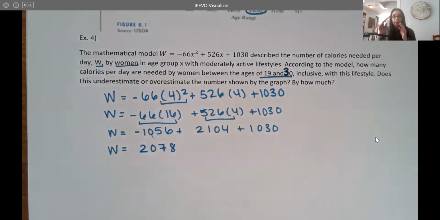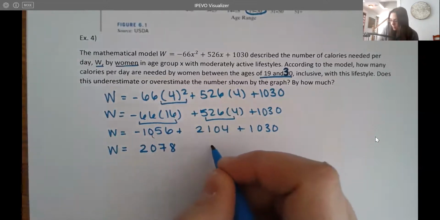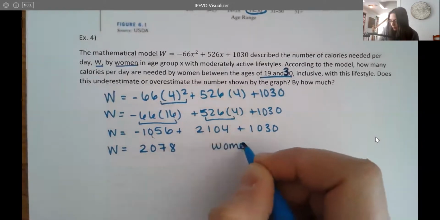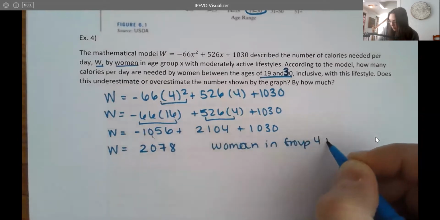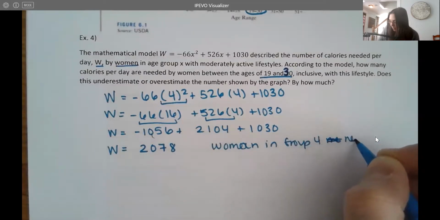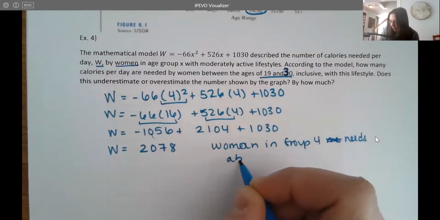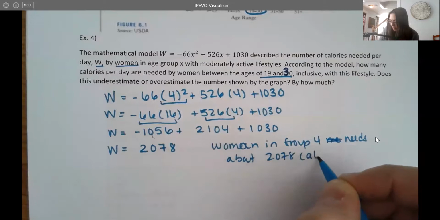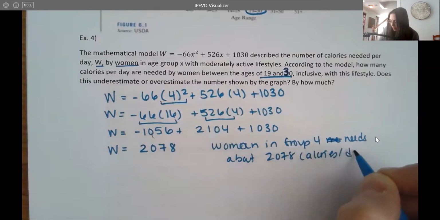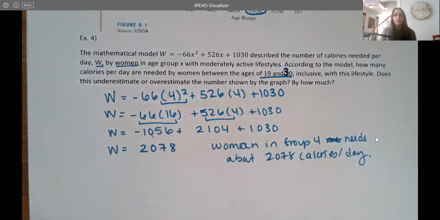So our formula estimates that a woman in group 4 needs about 2,078 calories per day. So that's based on the model.